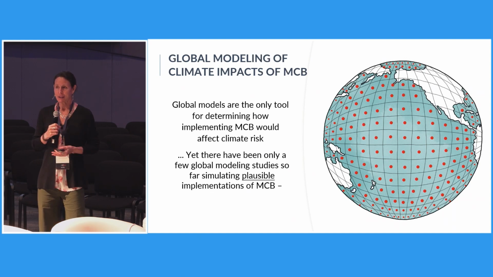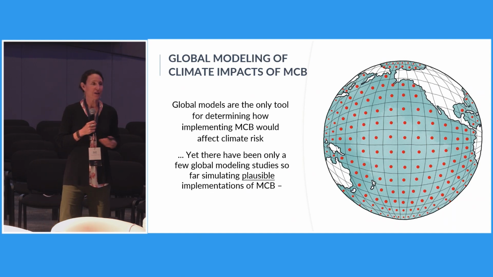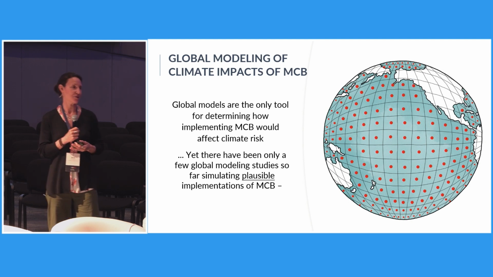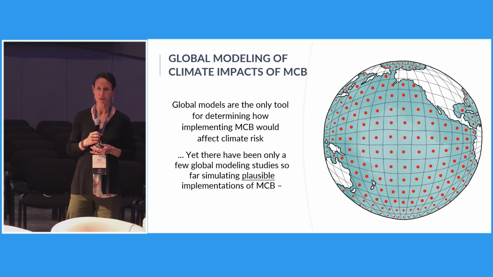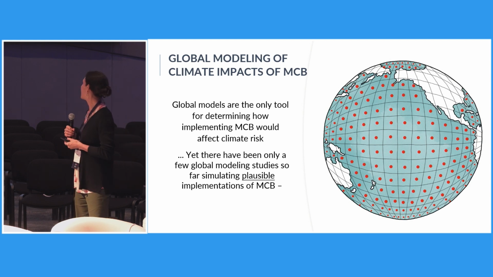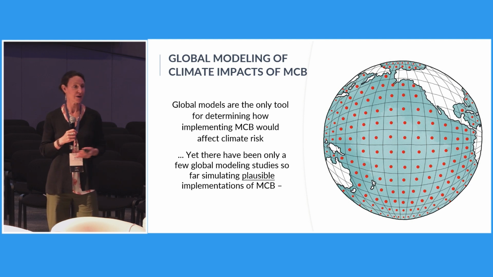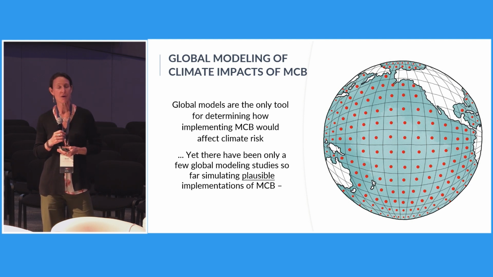Now, of course, what we're ultimately interested in is how would marine cloud brightening affect not just global annual average temperatures, but climate, just like with SAI. How does it affect temperatures, precipitation, circulation patterns, all the climate impacts that follow from that? And as with SAI, the only way you can understand that right now is through global climate models.